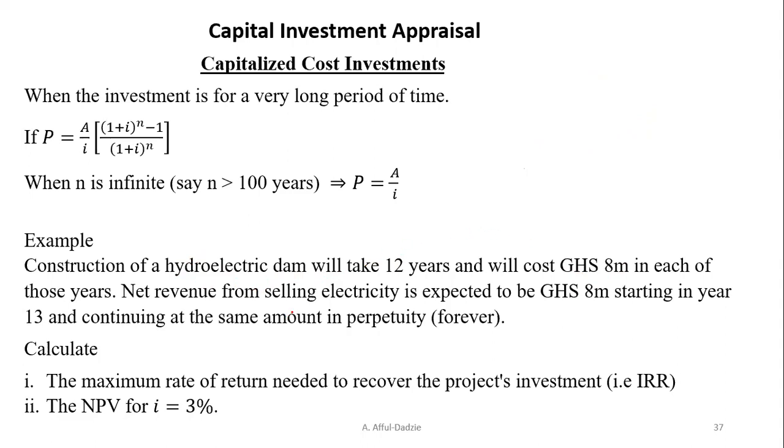The net revenue from selling electricity is expected to be 8 million per year, starting in year 13 and continuing at the same amount in perpetuity. Calculate the maximum rate of return needed to recover the project's investment. That's IRR. The NPV for i is 3%.